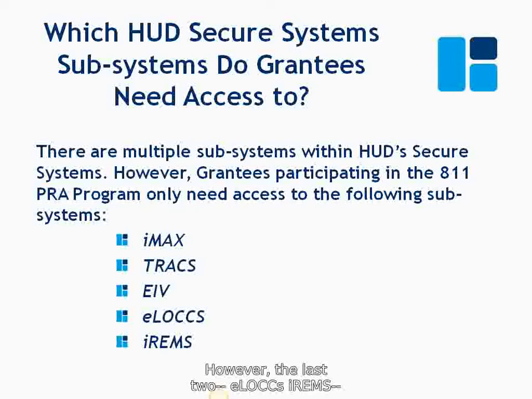However, for the last 2, ELOCs and IREMs, access is restricted to either grantees, contract administrators, or HUD staff, and so your owners are not going to have access to them. That's important to distinguish because as you're communicating with them about what you see or don't see in systems, you should understand that you have access to some information that they can't view no matter what their rights are in secure systems. So just keep that in mind.